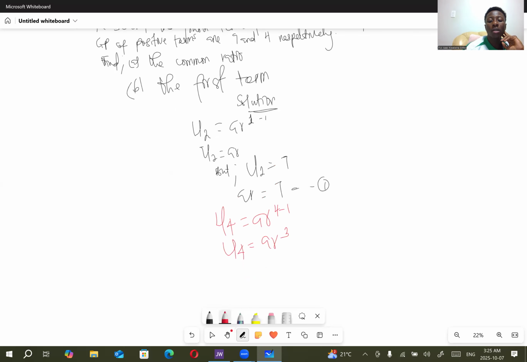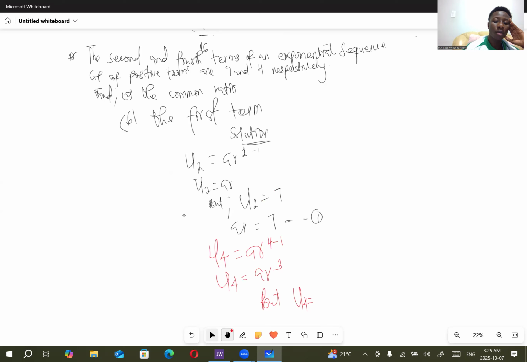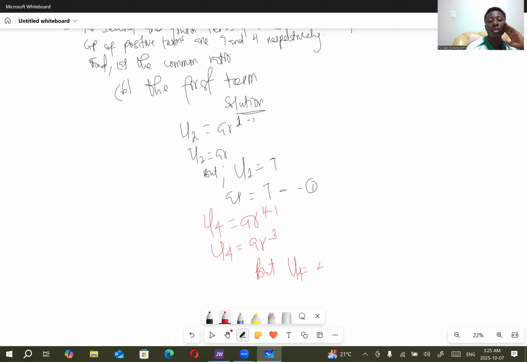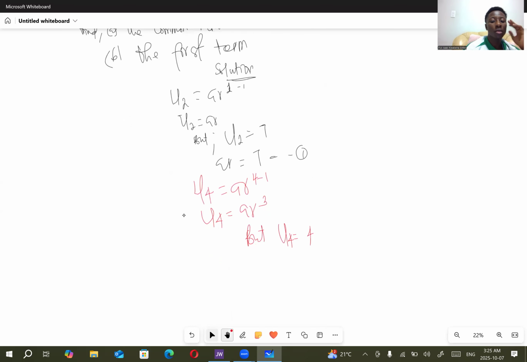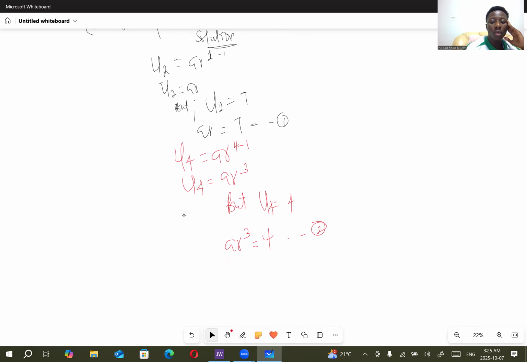But in the question, u4 is equal to 4. So you have ar exponent 3 is equal to 4. You name this as equation 2.